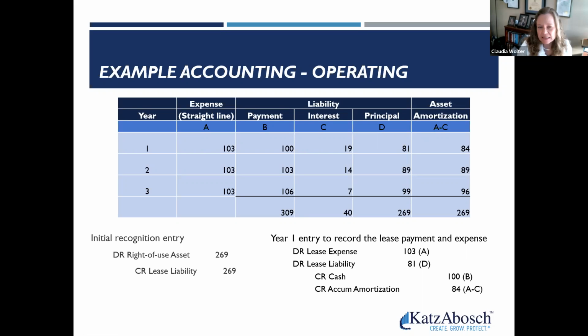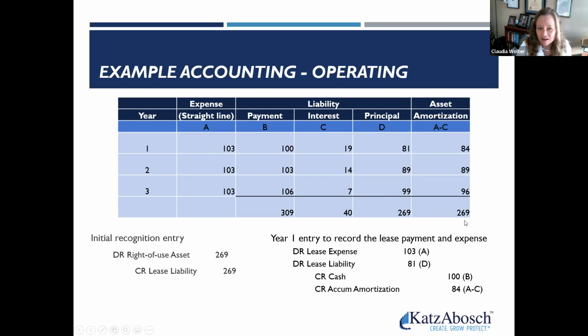Columns B, C, and D come right off that amortization schedule that I pointed out before. We know our payments are 100, 103, 106 per year in column B. Column C is the interest expense off of that amortization table, and column D is the principal amount. The very last column of that table is how much we amortize the asset per year.